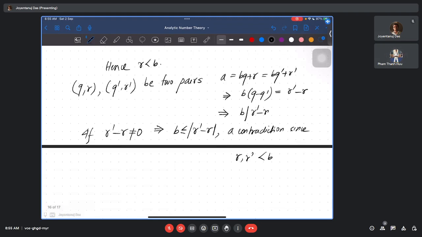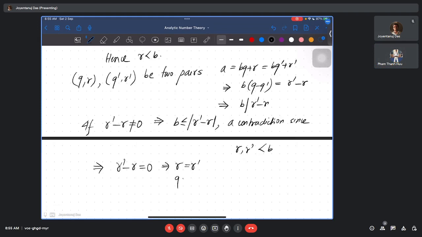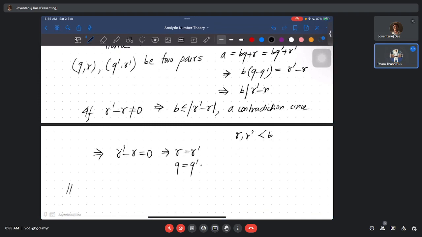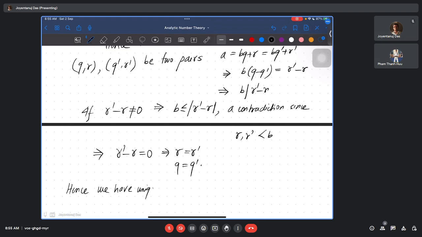So this implies that r minus r prime has to be 0, that is r equals r prime. Once r equals r prime, similarly we have q equals q prime. So hence we have uniqueness.